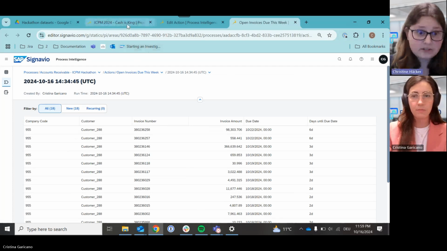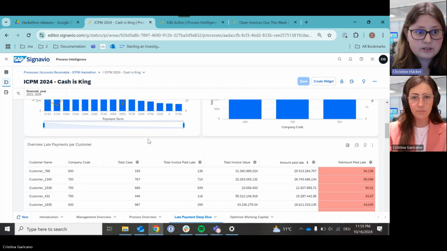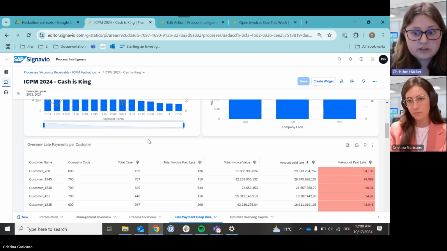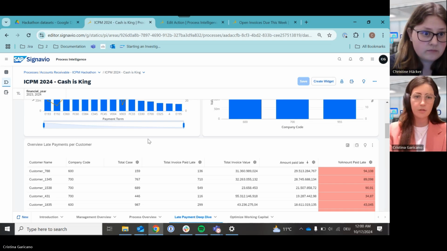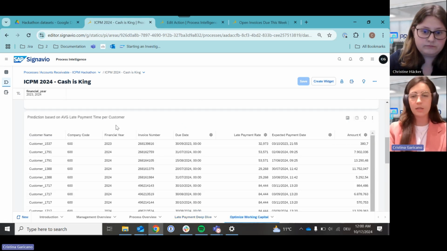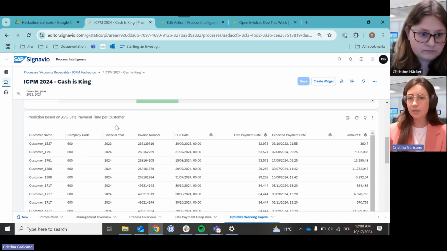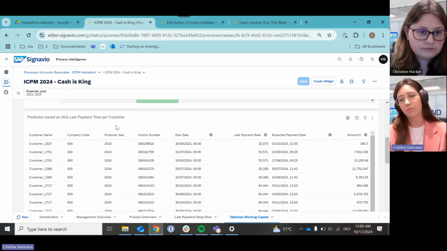That's also nice, because now we can use our measures we created in our drill downs by dimensions to take action. But is it also possible to do this prediction on invoice level? Of course, we can take this data one step further and say, okay, if this customer in the past paid late by 3 days, I can expect that the next invoice will also be paid 3 days late.